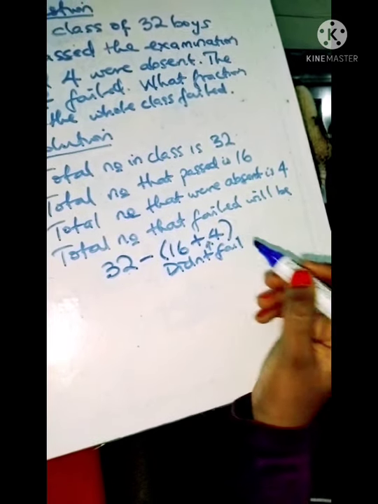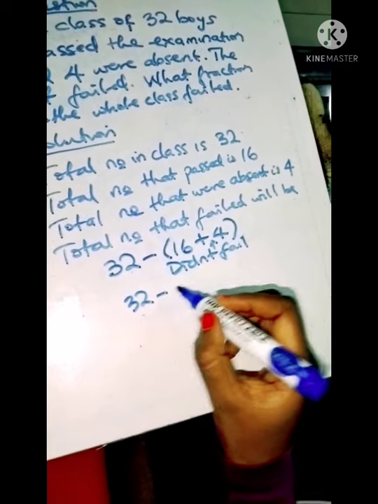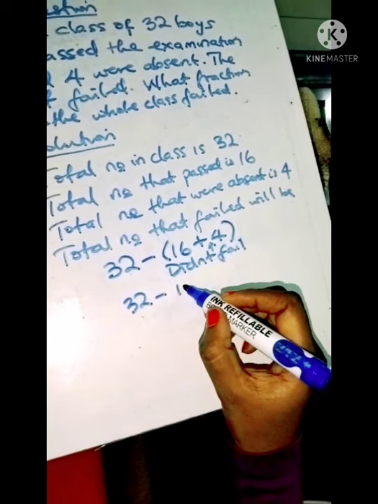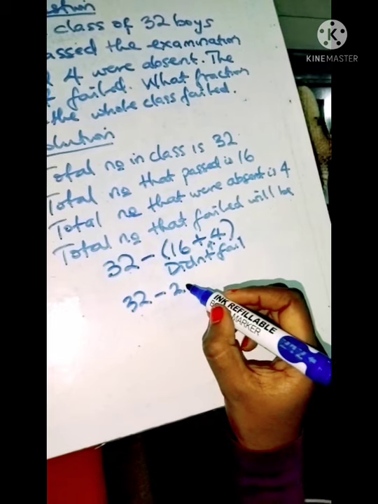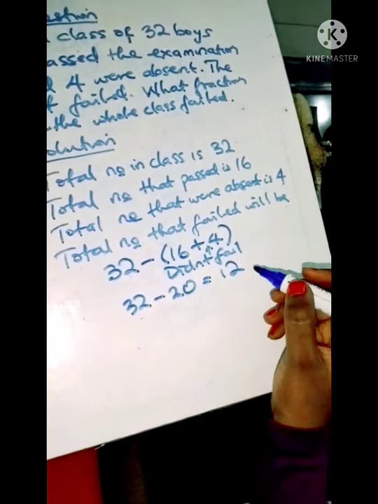Those are the people that did not fail, giving us 32 minus 20, which gives us 12.